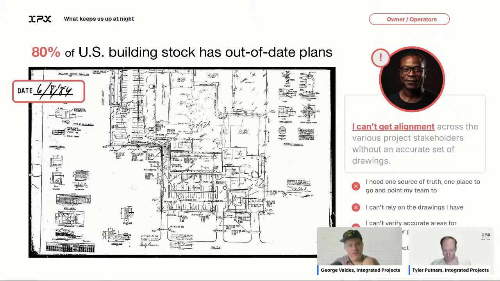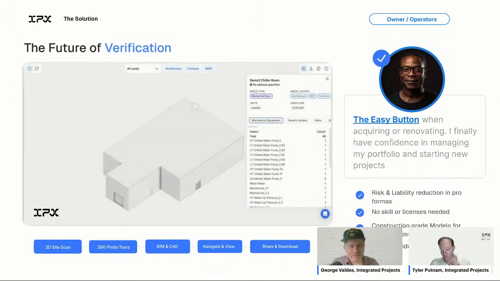I'm sure you've faced some project where the owner didn't really have much of plans. Maybe it's a rolled up set of blueprints stored away in the basement that has mold on it, etc. We've heard so many different stories around the conditions of even these plans themselves. Sometimes they might not even have them at all. A lot of buildings are very old, and in intensive renovation projects, just knowing what's even there is a really big challenge.